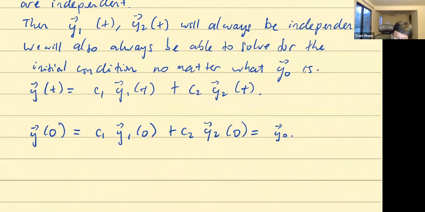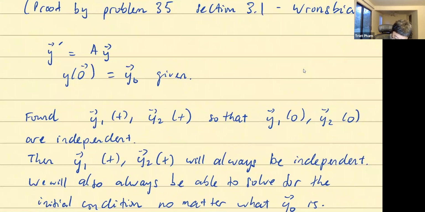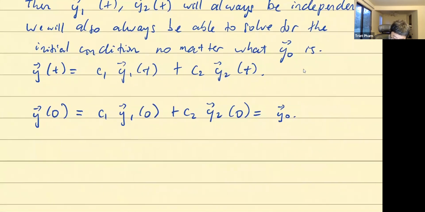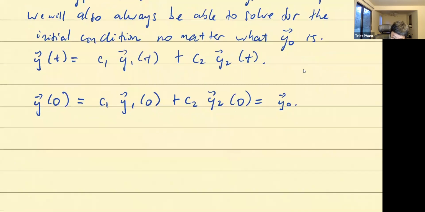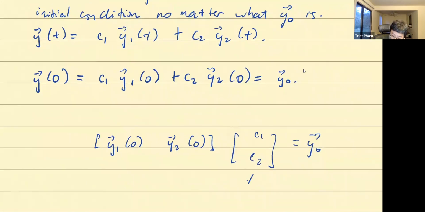Now, how in the world do I know that C1, C2 will always exist? Several things you can do. By the way, this is a 2x2 system, otherwise what I say won't be true. So you can rewrite this as a matrix, where C1, C2 is to be solved.